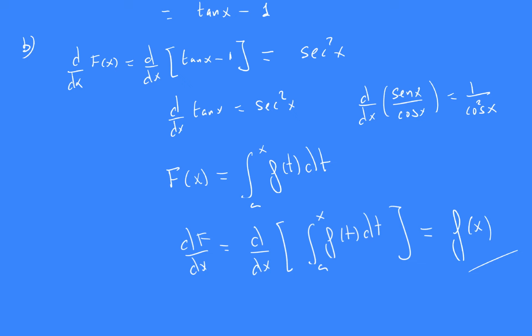And the problem is done. If you have some doubts, you should check the video about the proof of the second fundamental theorem, and maybe it will be even more clear.